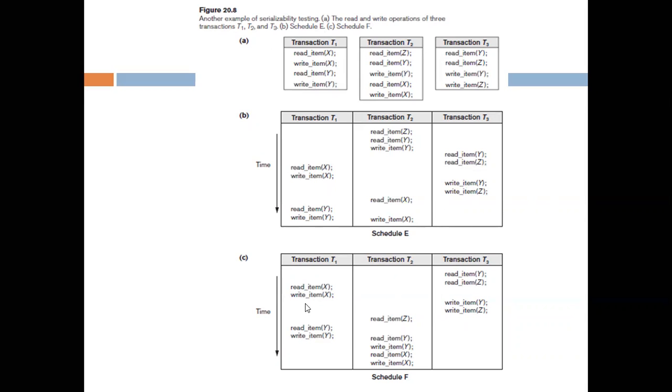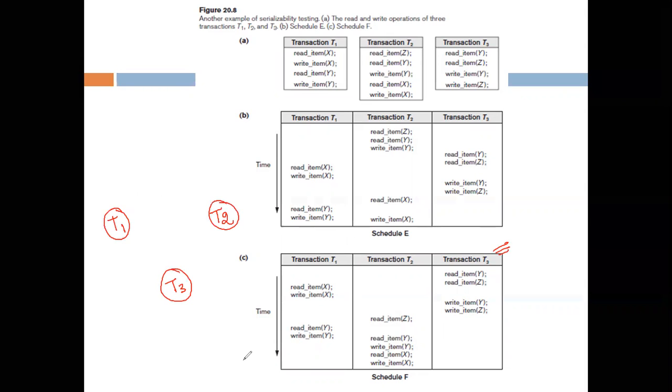So now similarly consider this one, schedule F. In schedule F, again there are three transactions. Since three transactions are there, again we shall write three nodes, T1, T2 and T3. So we were writing for this particular schedule.